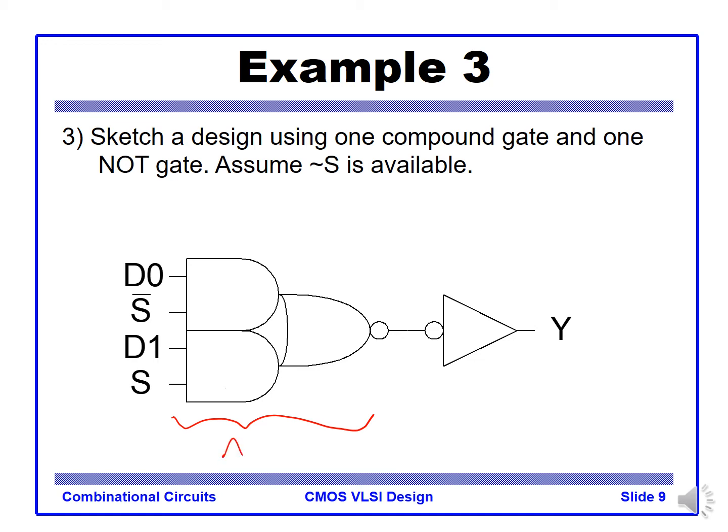It is the AND-OR-Invert, right? This is the AOI circuit with 2 inputs for 4 inputs, and 1 inverter like this. So this is one other example of the compound gate implementation.